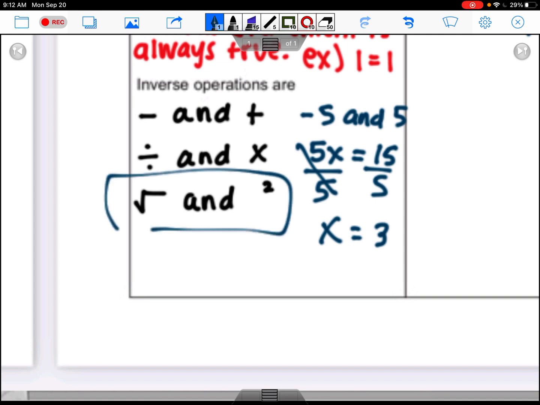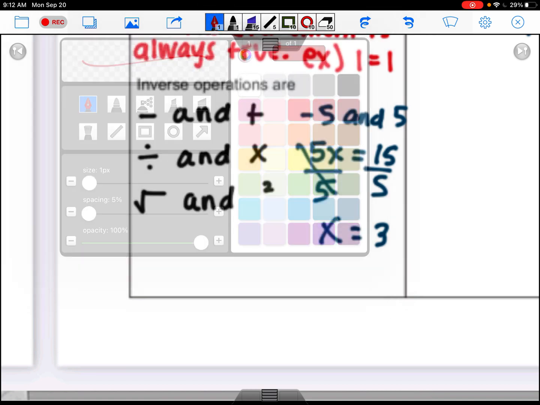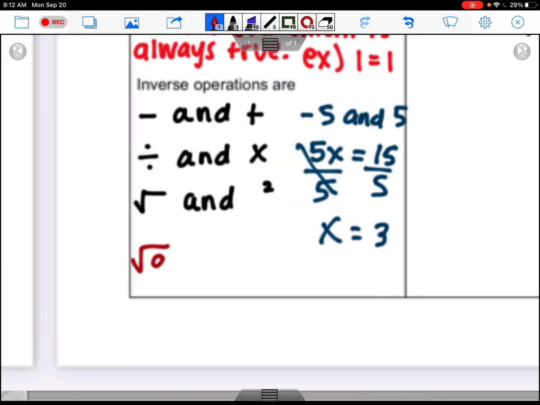Now this part, you might not recognize. Let's say the square root of 9. To get rid of the square root, we square it. Just like if I want to get rid of multiplication, I divide. If I want to get rid of a square root, I square. It's the opposite. See how the 5s cancel out when I divide, because division is the opposite of multiplication?